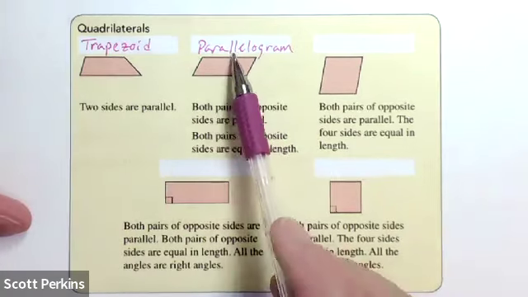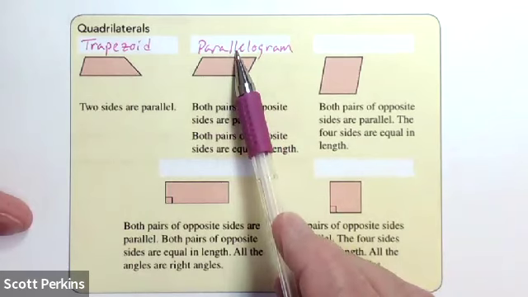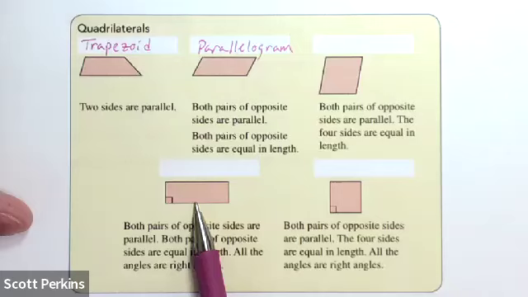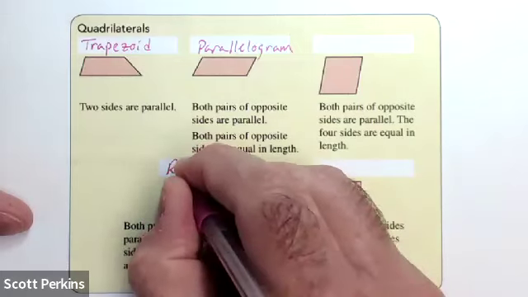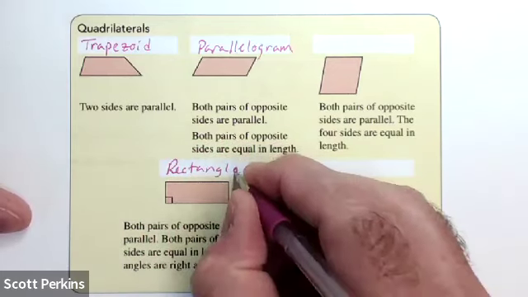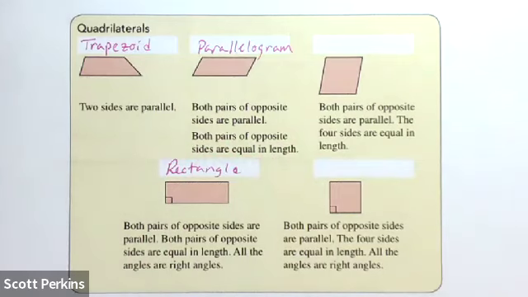For instance, if I take a parallelogram and instead of having just obtuse and acute angles, I make all the angles of the parallelogram right angles, then what you get is called a rectangle, which I'm sure you have heard that word and used that word before. A rectangle is just a parallelogram that has all 90-degree angles.